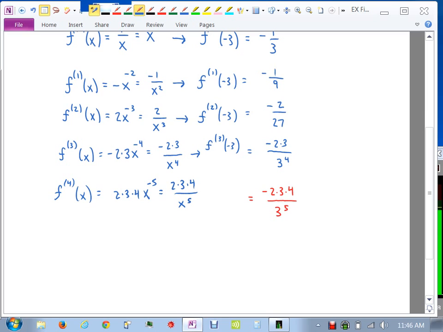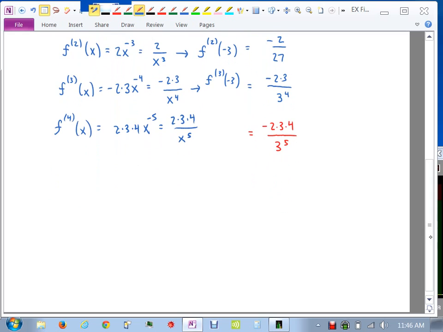Okay, you ready to start writing this stuff out? We can go back to the Taylor series now. So our Taylor series, as we said before, should be sum n equals 0 to infinity, nth derivative at negative 3 over n factorial, and then x minus a to the n.